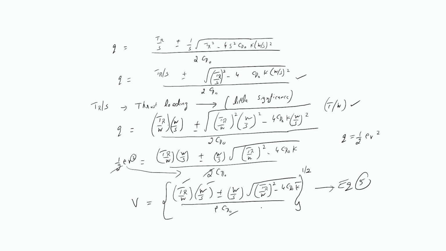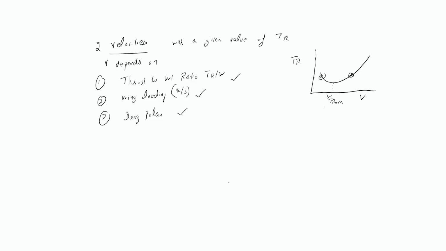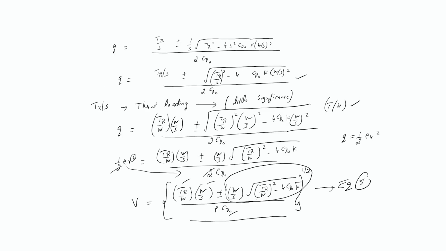If you see the discriminant of this equation, let us focus on this figure. There is only one velocity which corresponds to thrust required minimum. Other than that, there are two velocities for two thrust required values at different velocities. There will be only one thrust required minimum for one velocity, so that we can obtain by equating this discriminant to 0.